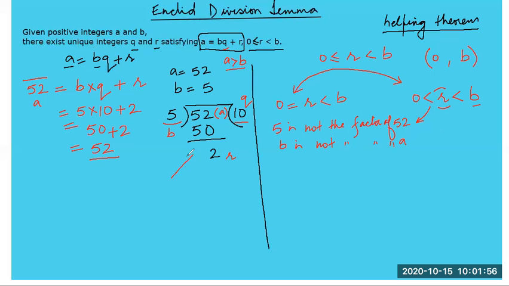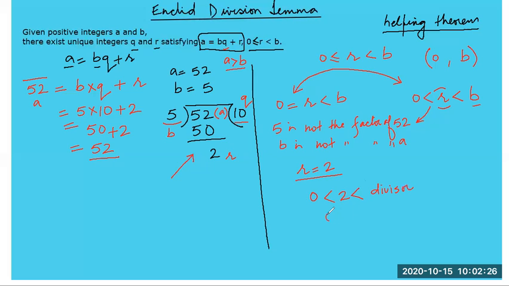Like in this case, 52 has factors like 52, 1, 2, and other factors, but 5 is not a factor of 52. So what is the remainder? r is equal to 2 in this case, right? 2 is greater than 0, but it is less than the divisor.